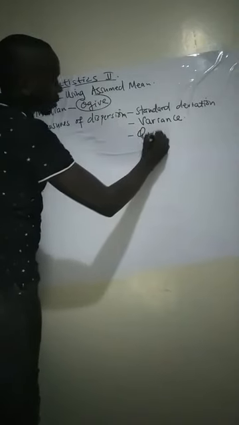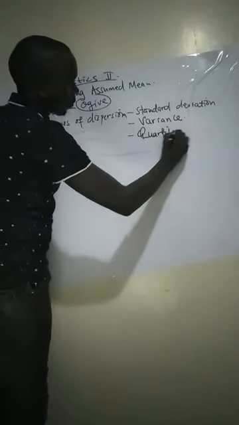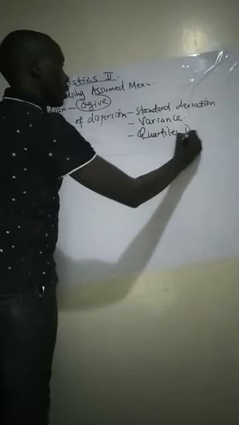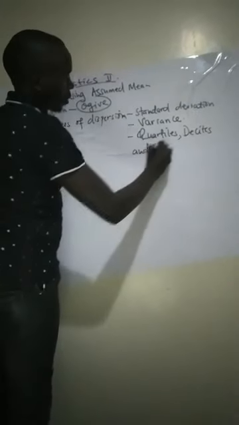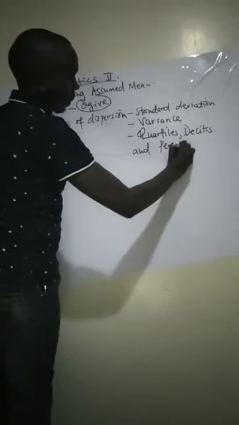Lastly, in the measures of dispersion, we will talk about quartiles, deciles, and percentiles. So this is basically what we shall be talking about.